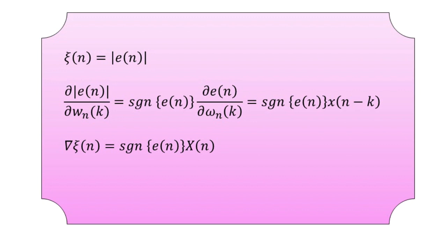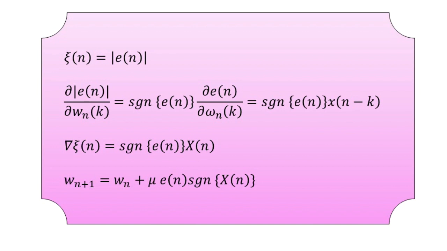So this is possible for the data signal, error signal, or both the signals here. For the data signal, making use of sign here, we have the algorithm described as W suffix n plus 1 is equal to W suffix n added by mu times the error signal E of n into the signum function of x of n here. So this is the sign data algorithm here.